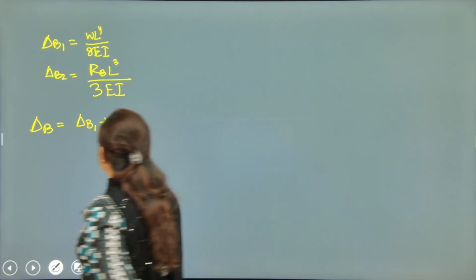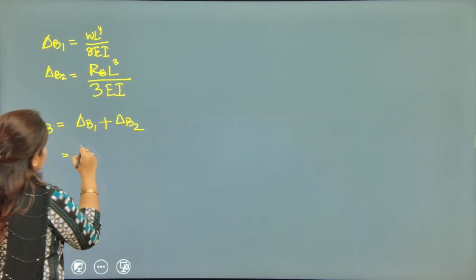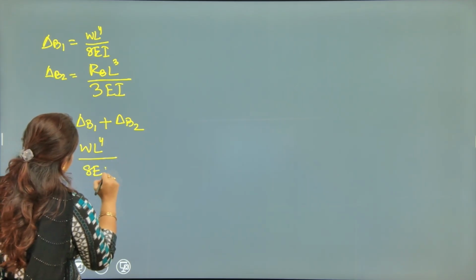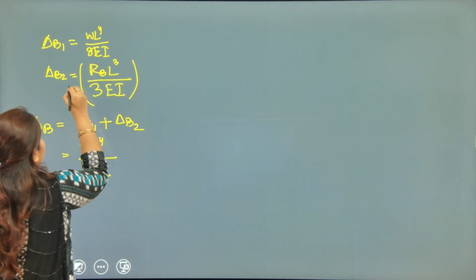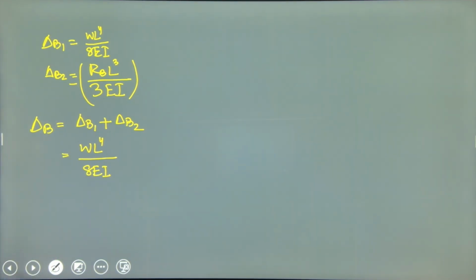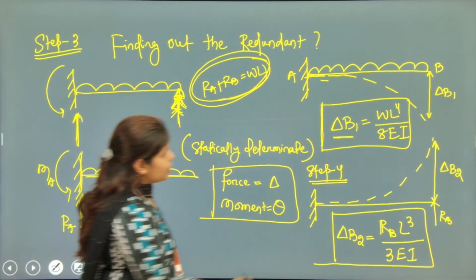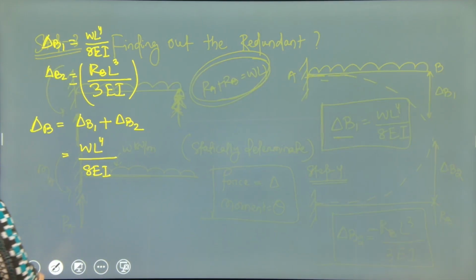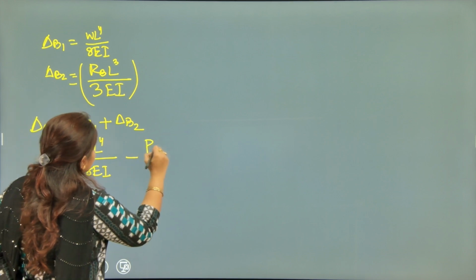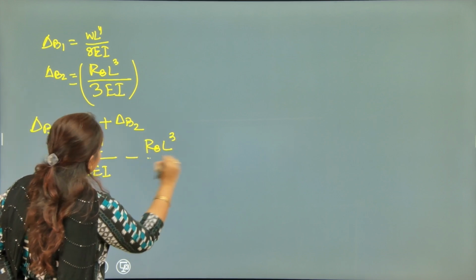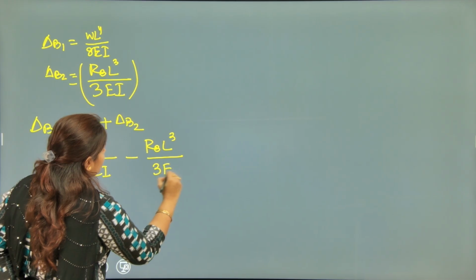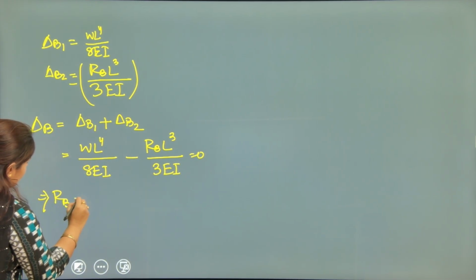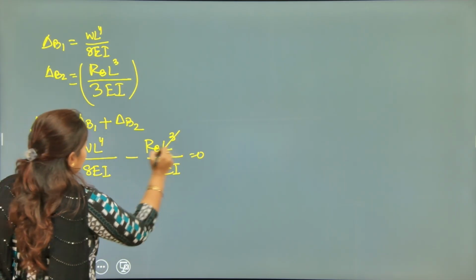Let's go for delta B first. WL to the power 4 upon 8 EI. This RB will take a minus sign. Why? Here you can see the change of sign. Minus RB L cube divided by 3 EI equals 0.